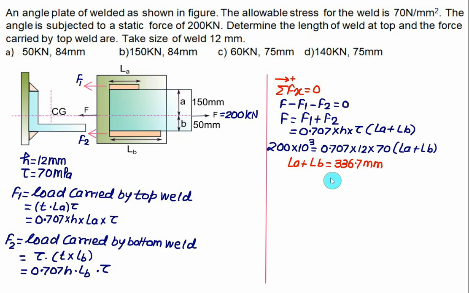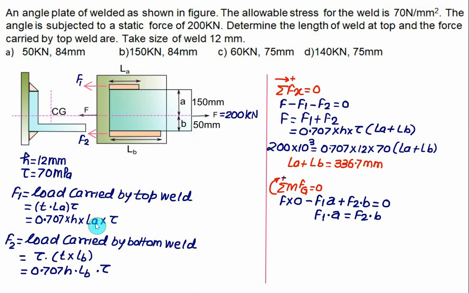Now we want to find out the individual value of LA. Then we calculate the value of F1. For this purpose, we'll take the moment about the center of gravity. Force F passing through gravity will not cause any moment because the perpendicular distance is 0. F1 will make an anticlockwise moment, and for F1 the perpendicular distance is A, which is 150. F2 will make a clockwise moment which has a perpendicular distance equal to 50.